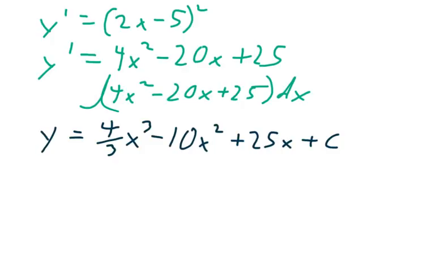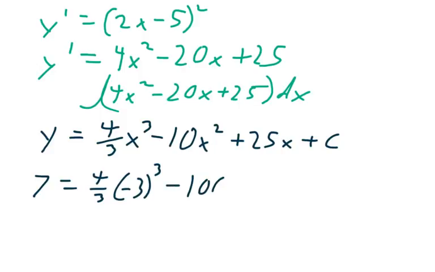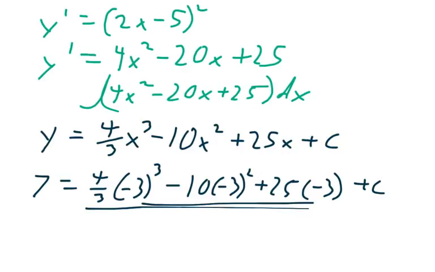Now when I plug in negative 3, 7, so 7 equals 4/3 times negative 3 cubed minus 10 times negative 3 squared plus 25 times negative 3 plus c. All of this is just numbers, so we put it into the calculator.